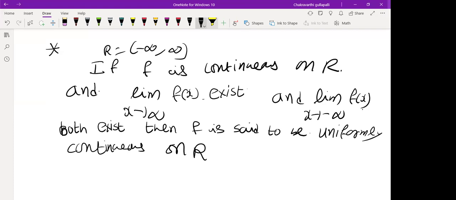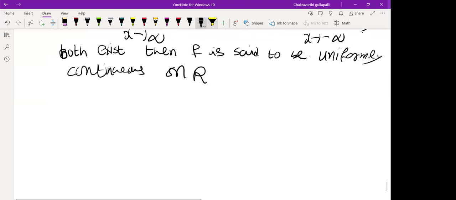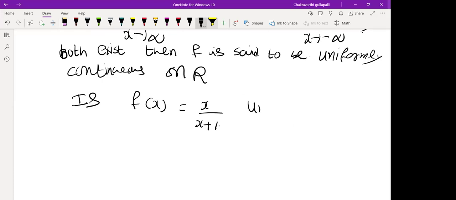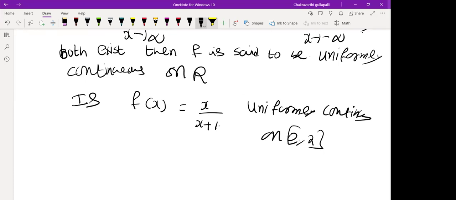Let us do this. Is the function f(x) equal to x by x plus 1 uniformly continuous on closed interval 0 to... If so, find delta.